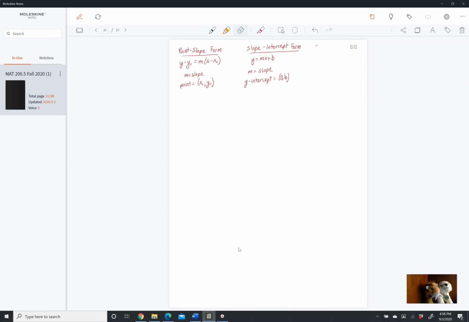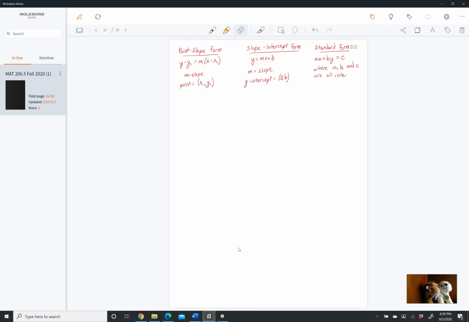And then finally, you have standard form. So this just puts it all in one place. These are the only forms that you would use. And standard form is ax plus by is equal to c. And the requirement is a, b, and c are all integers.